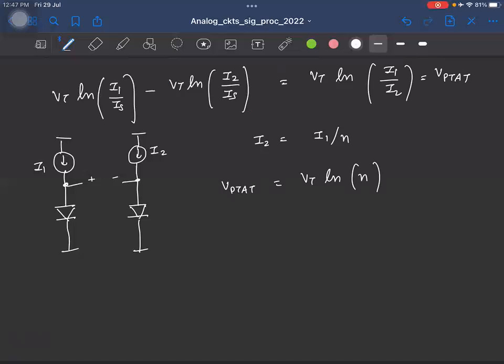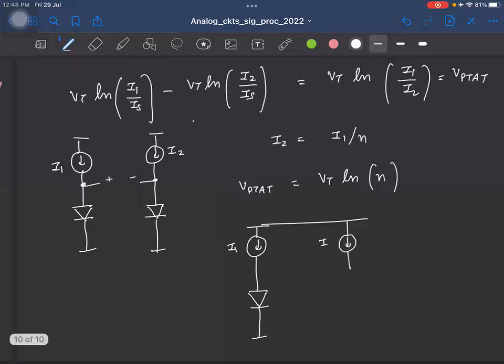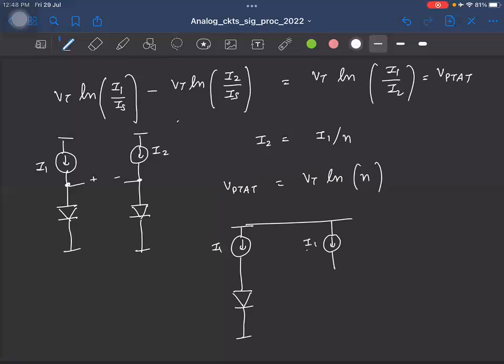So let me redraw it here. Now we know the values of the currents. This is I1, and I2 is I1 by N, that's what we are choosing. But another simplification we can do is to have the same currents.